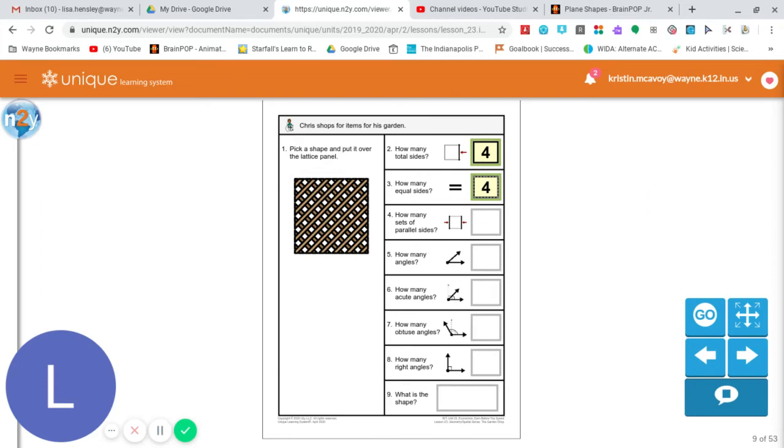So, if you want to pause the video and work through this activity on your own and then rejoin me to check your answers, that would be great. Or if you're very uncomfortable or uncertain about this activity and you just want to work through it with me, that's great too. Both are ways to learn.